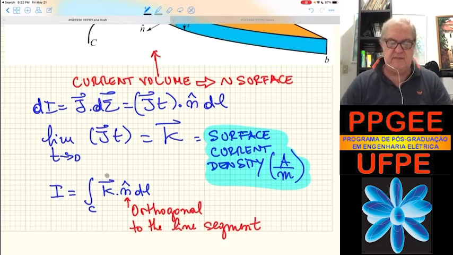It is simply calculated by the surface current density dot product with the normal to the line segment that's being crossed. It's a line integral, okay, along the path that defines the cross section of the material. Okay. Just look at this example here.